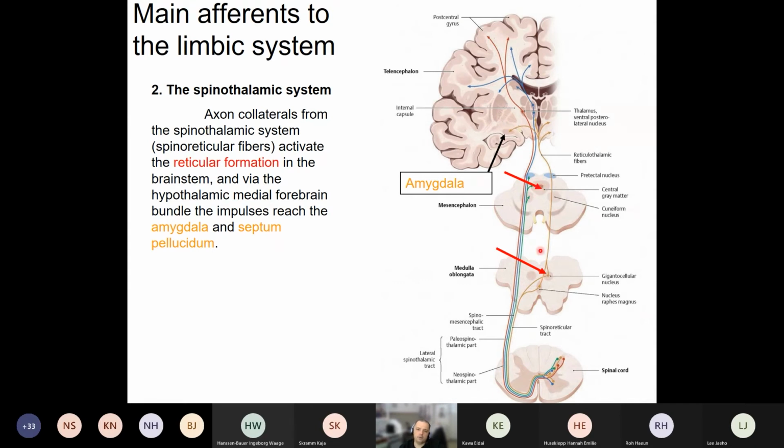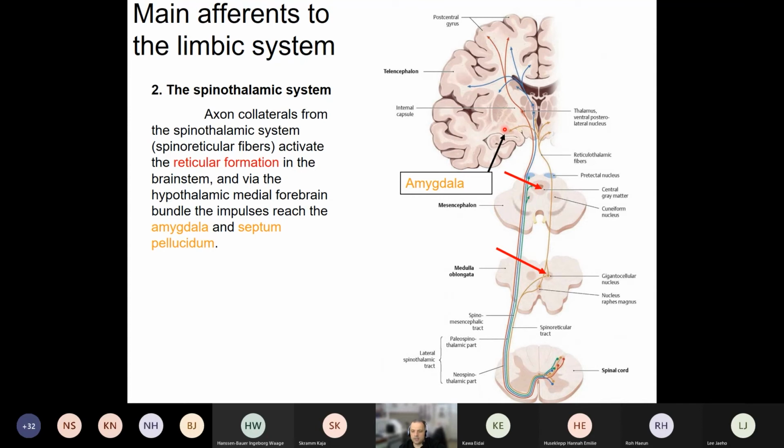And then from the reticular formation, after several synapses, the information goes on and reaches other nuclei of the thalamus also, for instance the centromedian nucleus, but through a different pathway it also reaches the so-called medial forebrain bundle, the amygdala, and the septal nuclei, and they already belong to the limbic system. And this is how crude touch and touching your skin will cause strong emotions in you.